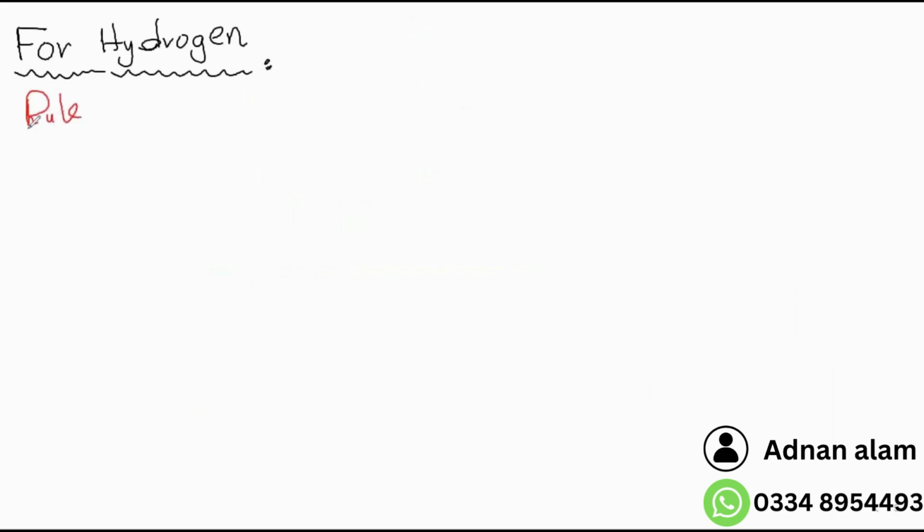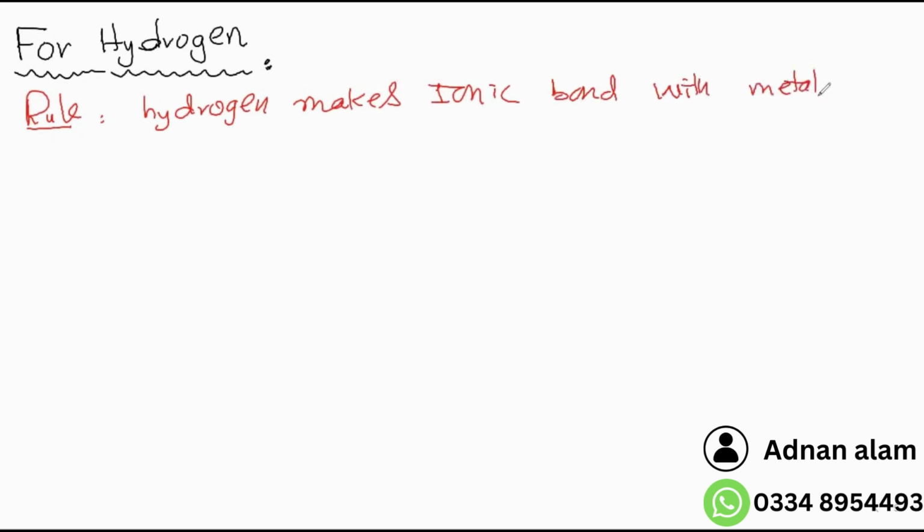Okay, and now one more very important discussion is for hydrogen. With hydrogen, you need to know that hydrogen makes ionic bonds with metals. You need to keep this in mind.